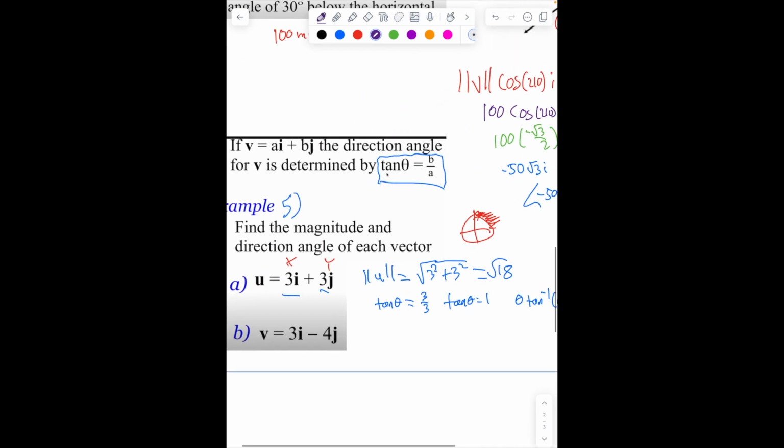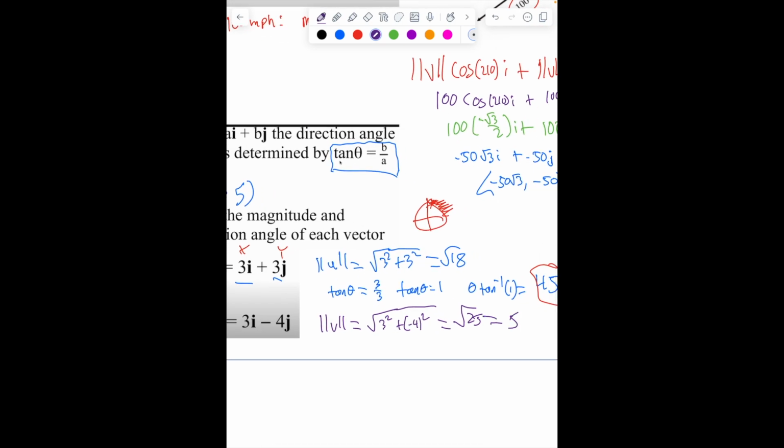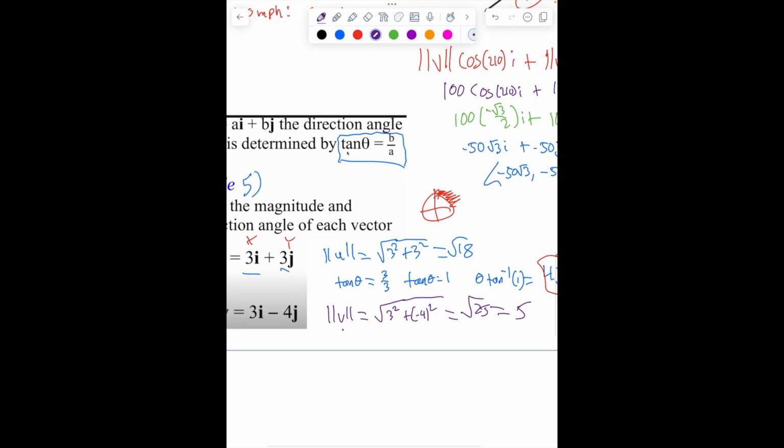Again, find the magnitude and the direction. First things first, to find my magnitude, I'm going to take my values and square them and add. Make sure that when you square that negative, it cancels out. This gives us a nice number, square root 25 equals 5. Now, using the formula above to determine the direction, tangent of theta equals negative 4 over 3. This is a, this is b.